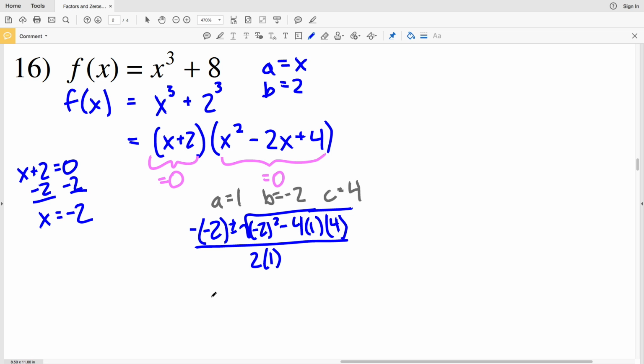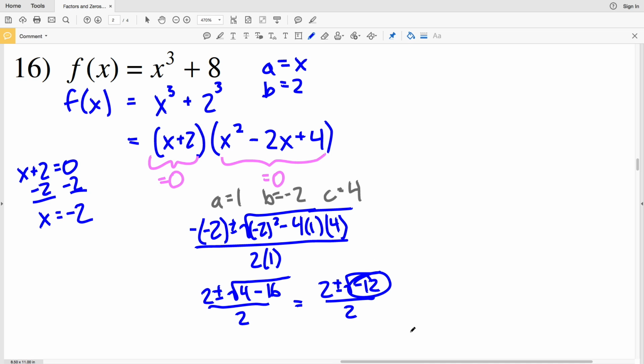Simplifying this, the opposite of negative 2 is a positive 2, so I'll have 2 plus or minus the square root of negative 2 squared, which is 4, minus 4 times 4, which is 16, all over 2. So 2 plus or minus the square root of 4 minus 16 will be 2 plus or minus the square root of negative 12, all over 2.